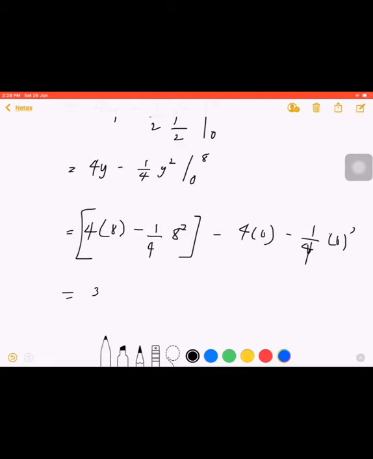So let's solve: 32 minus 1/4 times 64. 8 squared is 64, and 64 divided by 4 is 16. The rest will be 0. So 32 minus 16 is 16 square units.